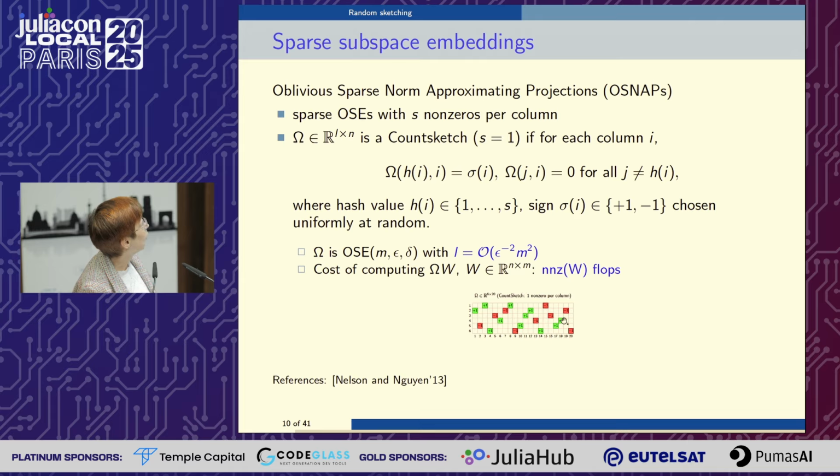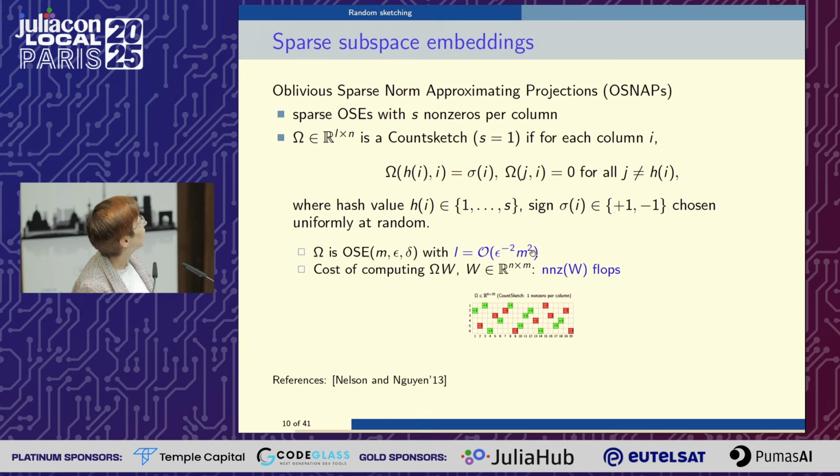Now if we multiply this omega with a matrix, we require only arithmetic cost proportional to the number of non-zeros in the matrix that we are sketching. But now the sketch dimension has increased. It becomes epsilon to minus 2 m squared.